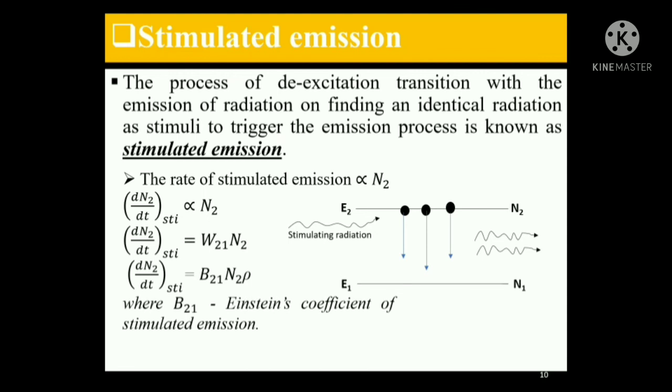So here also the rate of stimulated emission is directly proportional to N2, or dN2 by dt stimulated is proportional to N2, or dN2 by dt stimulated is equal to W21 N2. And it can be written as dN2 by dt stimulated equals B21 N2 rho, where 2 to 1 is the higher state to the ground state.